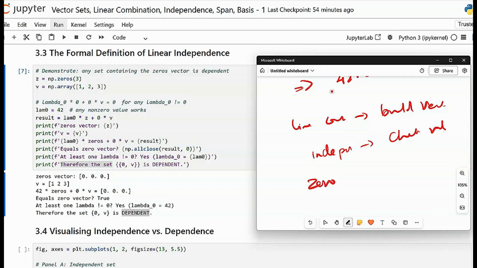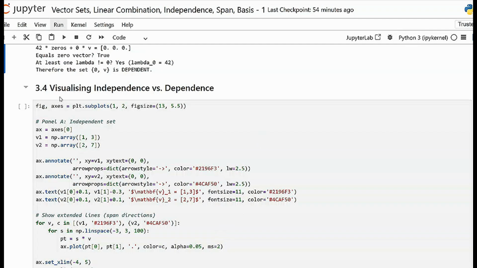And with this zero vector, it automatically makes the case fail. So now let me have a visualization of independence and dependence. Dear friends, kindly have a view of this.